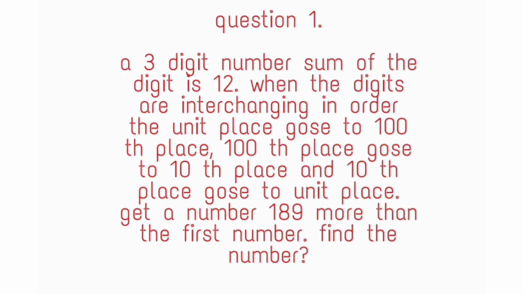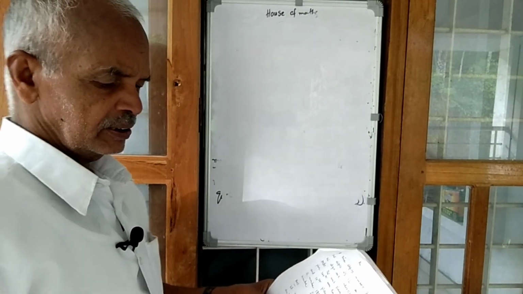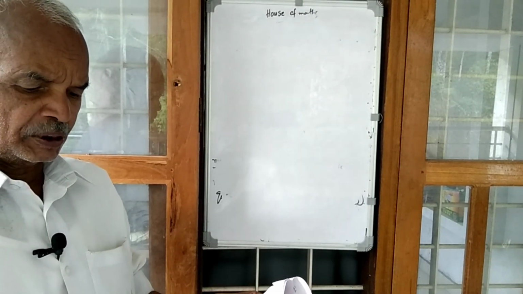We get a number which is 189 more than the first number. Find the number. Let x, y, z be the digits in the 100th place, 10th place and unit place respectively.